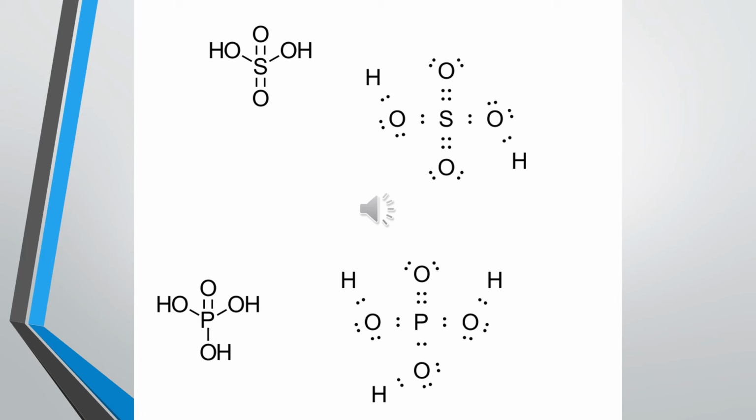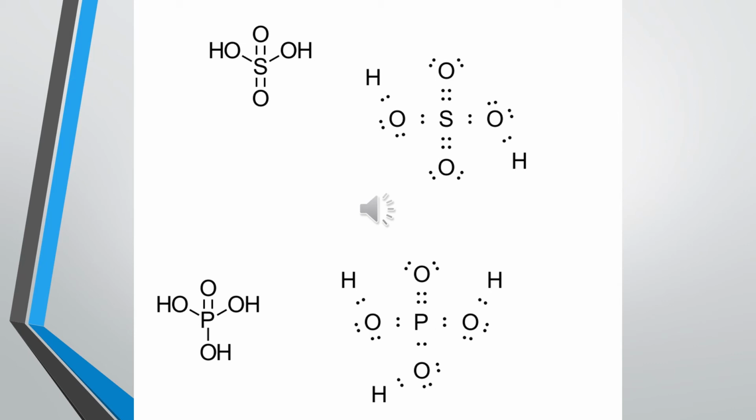Now, what I want you to focus on is the electron count for the central atoms, sulfur and phosphorus. You can see that in the Lewis electron-dot structure of sulfuric acid, sulfur forms 6 total bonds. 6 total covalent bonds means 12 electrons that sulfur feels in that molecular structure. Phosphorus forms 5 bonds and feels 10 electrons.